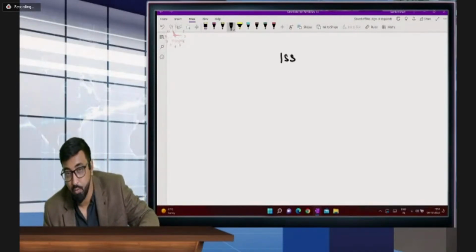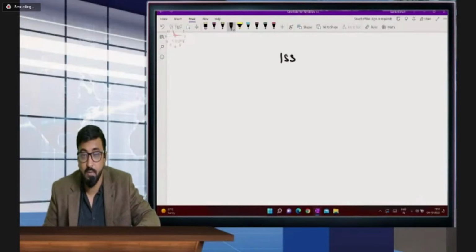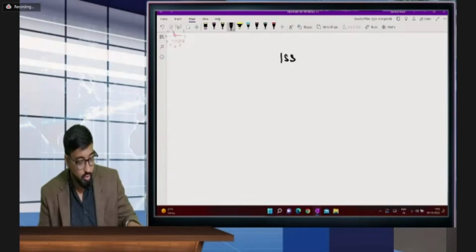After Dussehra, I'm going to upload it. The problem is that my office staff is on leave. So I want to compress all these sessions and I will upload this on the ICI YouTube, beta. So don't worry, you will get the complete recorded session regarding the first chapter, and whatever problems there are, I am going to cover. So don't worry for the first chapter.